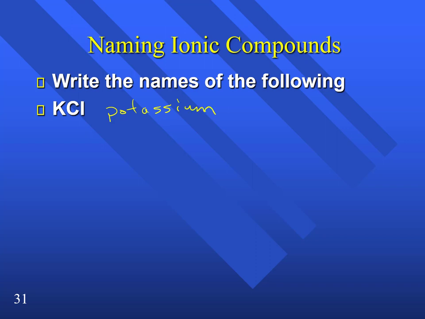Cl is the negative piece, so chlorine as a negative piece is called chloride. The name of this is potassium chloride. It's got potassium ions and chloride ions. Extra super tough? How about Na3N.